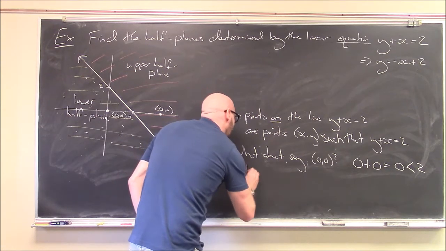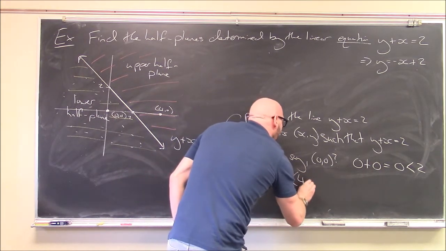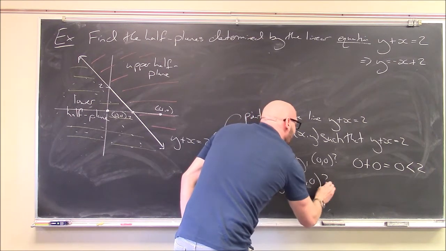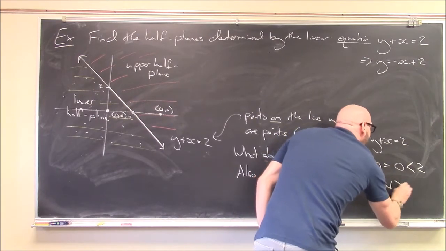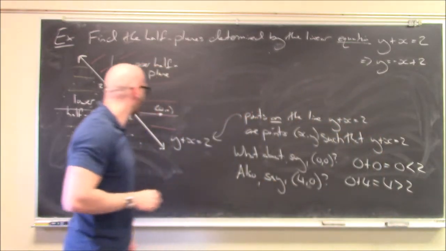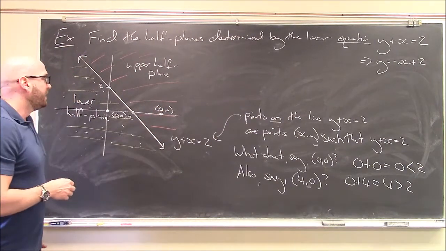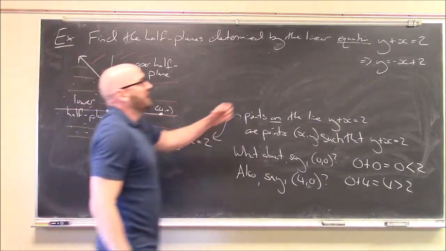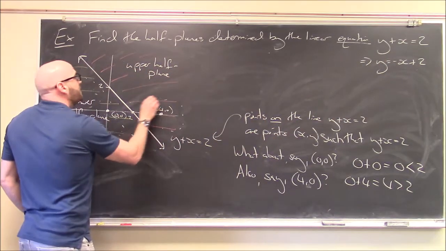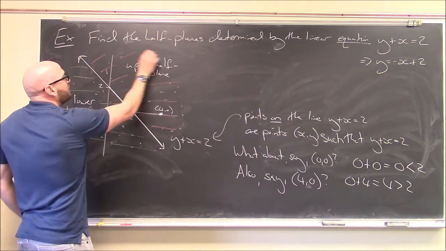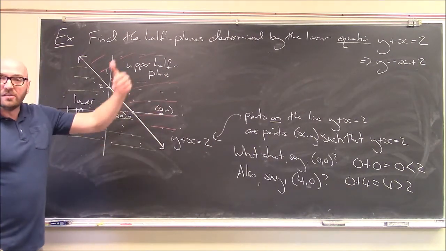So that point right there would satisfy an inequality saying y plus x is bigger than 2. And it turns out that if you choose any point from the upper half plane for this example, when you plug in its coordinates, you'll always get something bigger than 2.